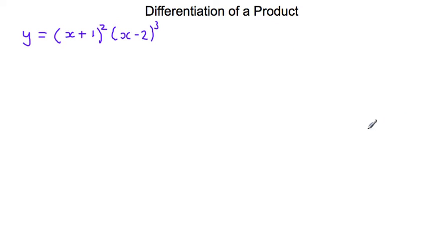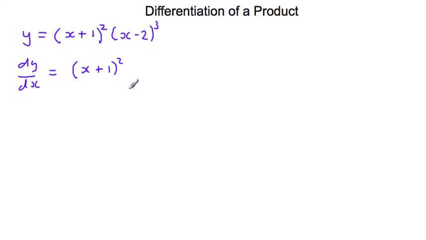And the final example, y equals x plus 1 squared multiplied by x minus 2 cubed. dy by dx is equal to the first one, x plus 1 squared, multiplied by the differential of the second one.